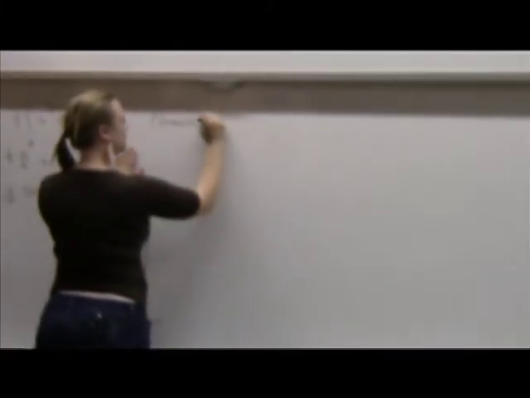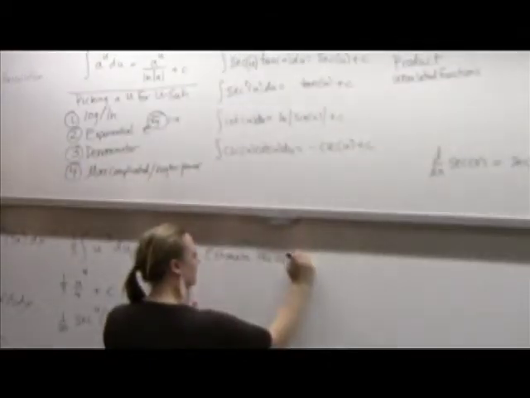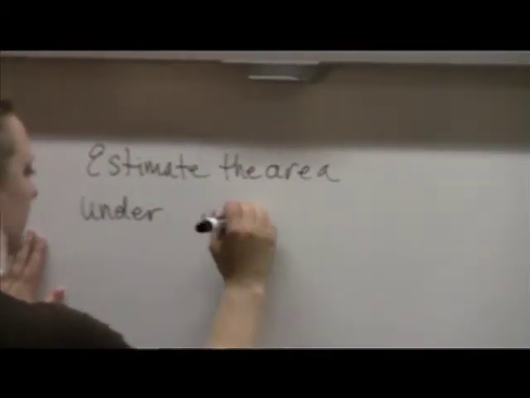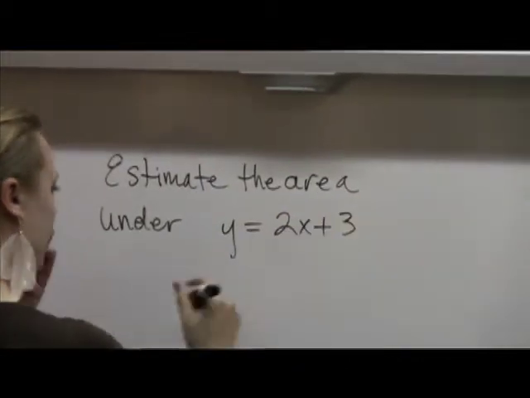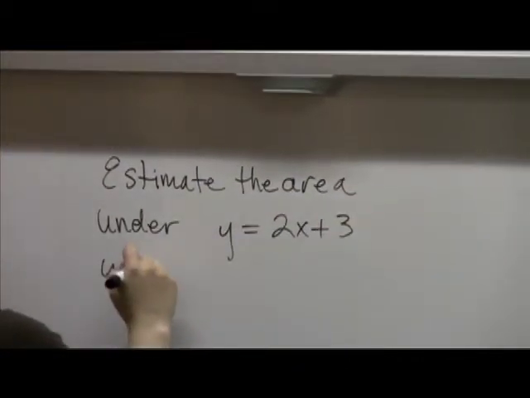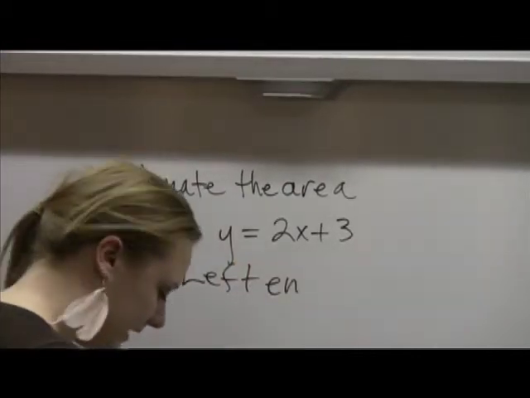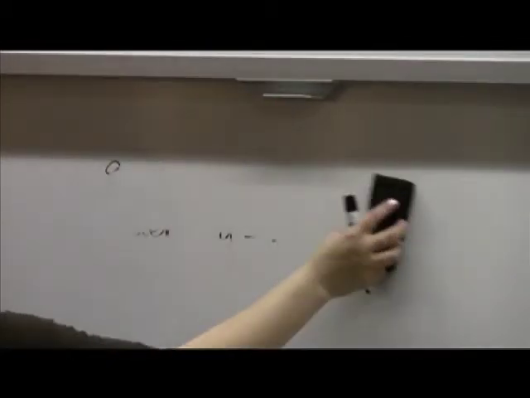Okay, estimate the area under y equals 2x plus 3 using left endpoint. You know what? I can't even read this writing. Let me try this again.